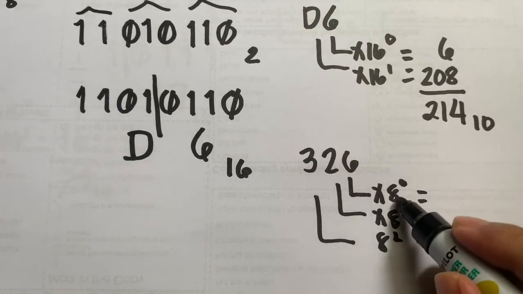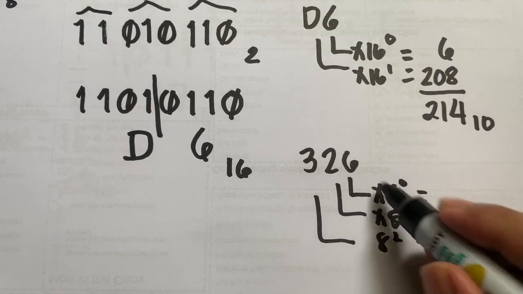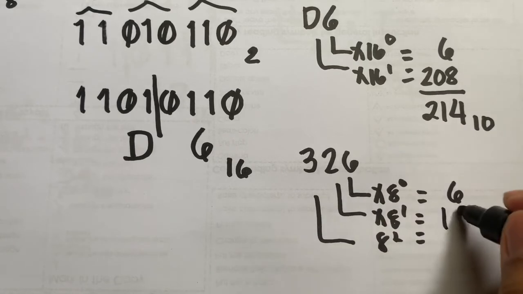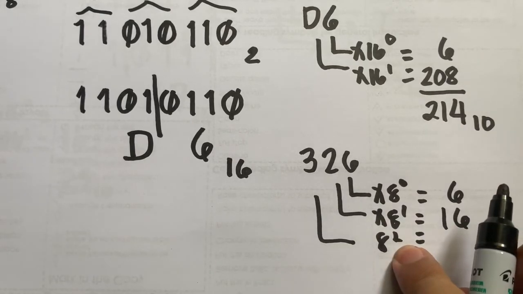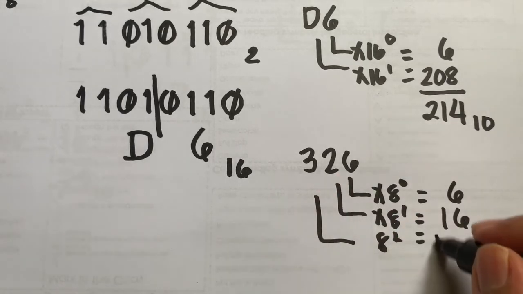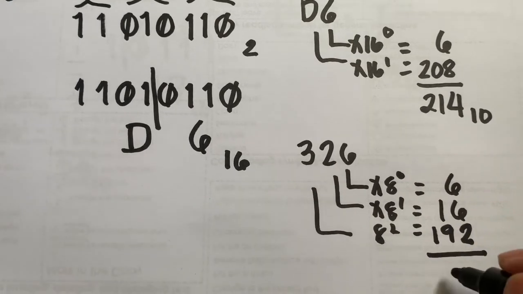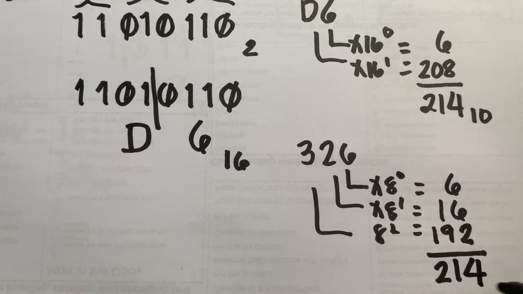We have 8 raised to 0 is 1, times 6 is 6. 8 raised to 1 is 8, times 2 is 16. 8 squared is 64, times 3 is 192. Adding these will give us the same 214 as its decimal equivalent.